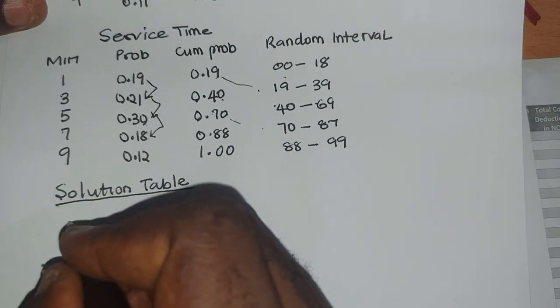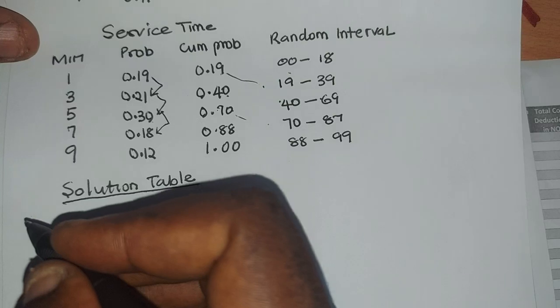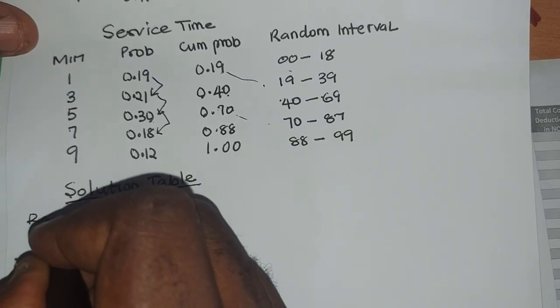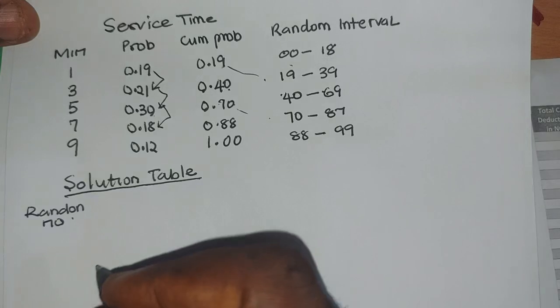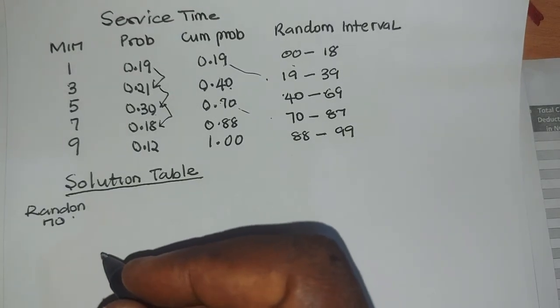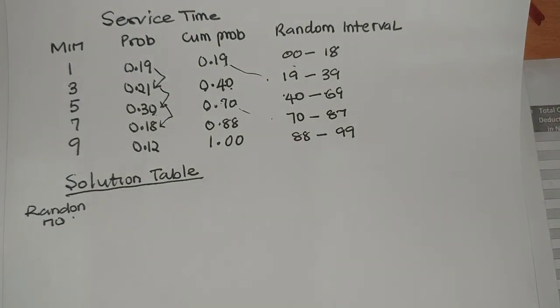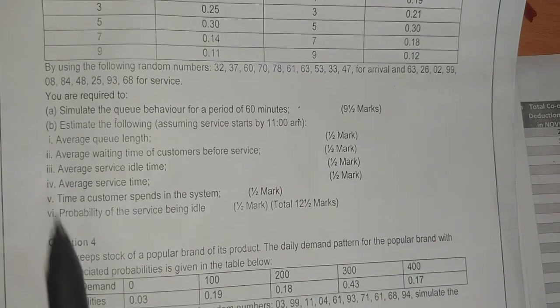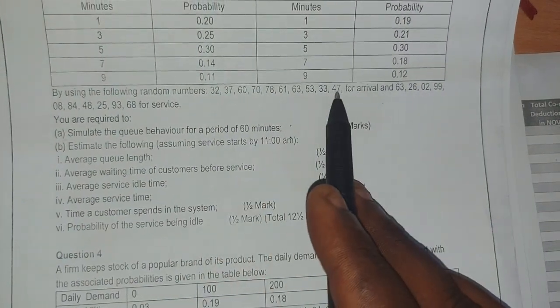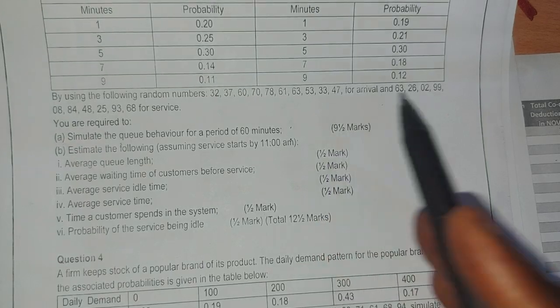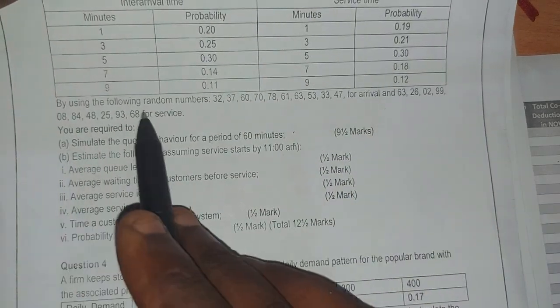Okay, so for the solution table, let's start with the random numbers. For the arrival time, it has been given separately, which is 32, 37 to 47. Then the service time also is given.